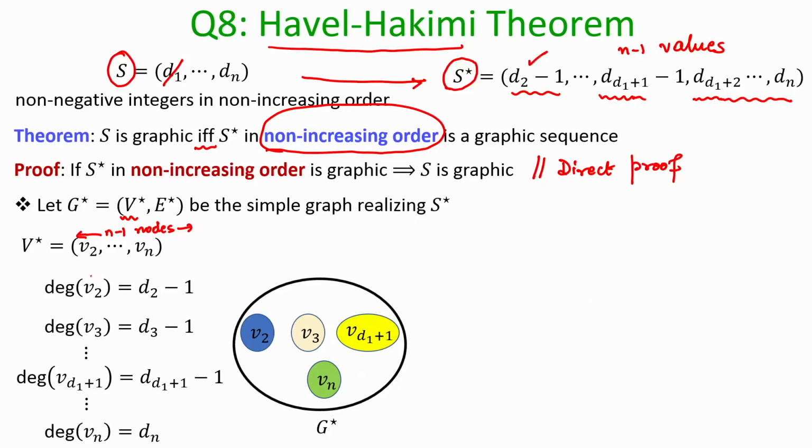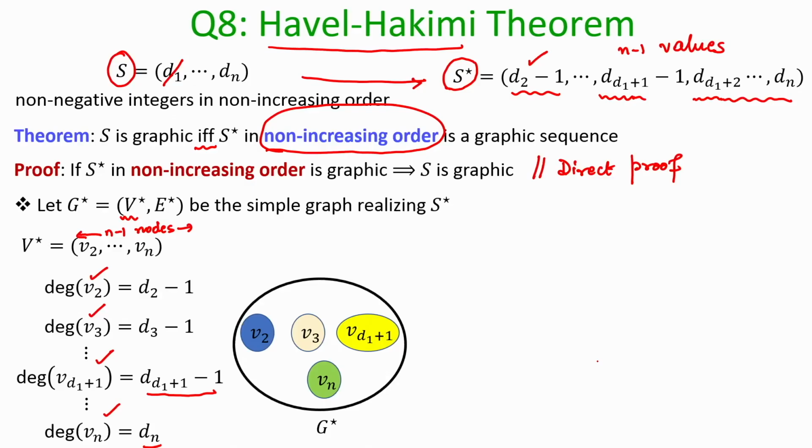Let V2 be that vertex. I will have a vertex with degree d3 minus 1. Let V3 be that vertex, and like that I will have a vertex of degree d(d1+1) minus 1. Let V of d1 plus 1 be the vertex with that degree, and like that I will have a vertex of degree dn, and let Vn be the vertex with that degree. Okay. That is the implication of assuming my premise to be true.